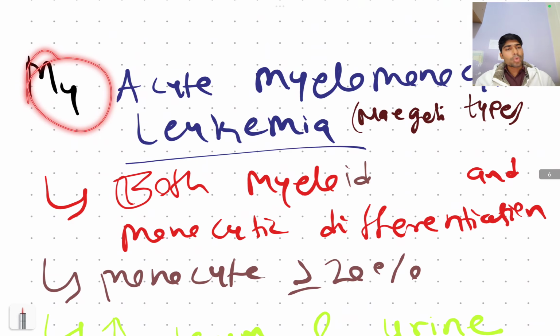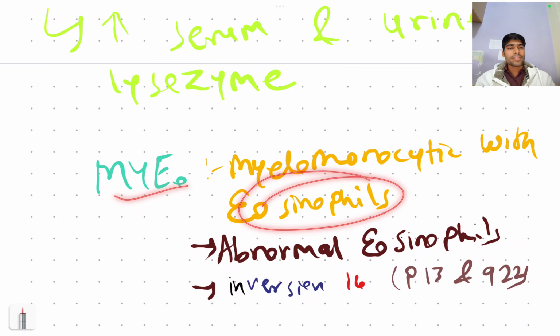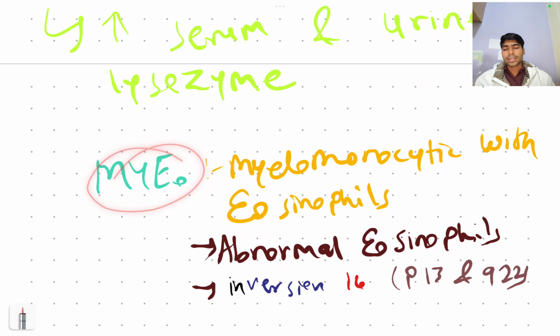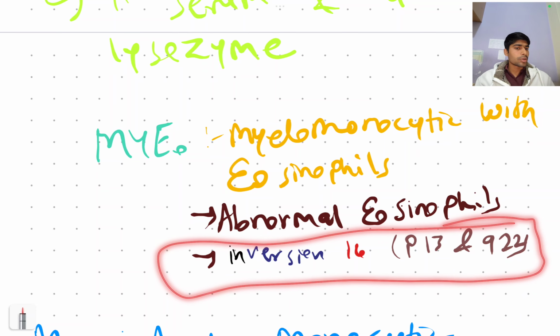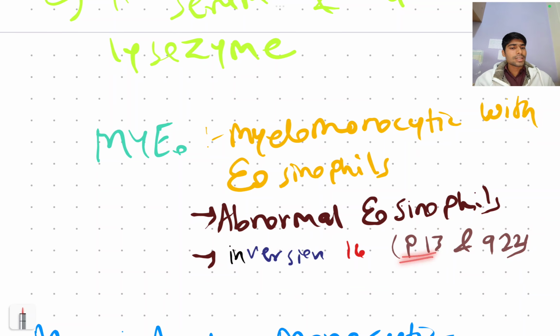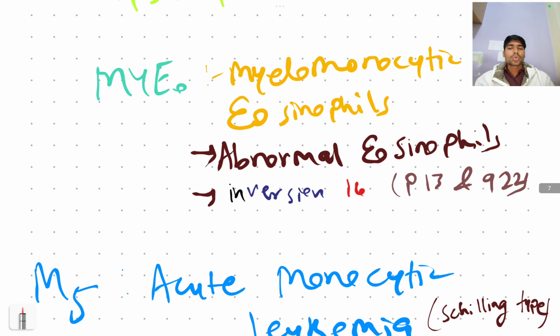In M4 there is one more differentiation of it, that is M4Eo, meaning M4 with more eosinophils. You can remember it or leave it, nothing is required. But these two points, abnormal eosinophils and inversion 16, are very, very favorite questions.